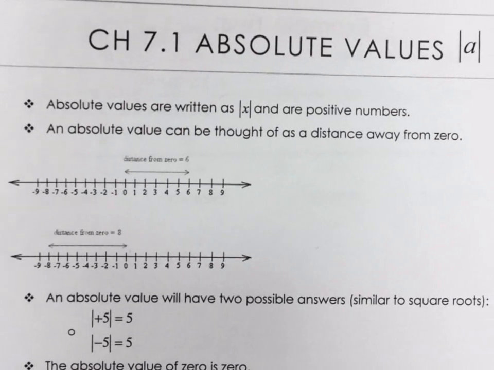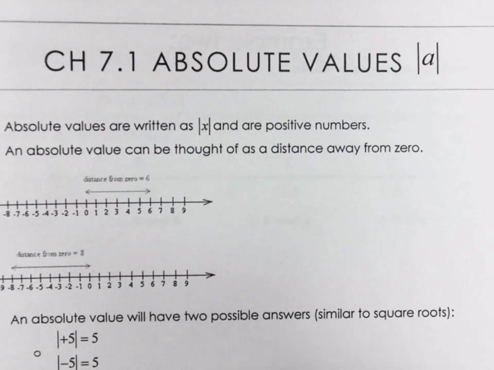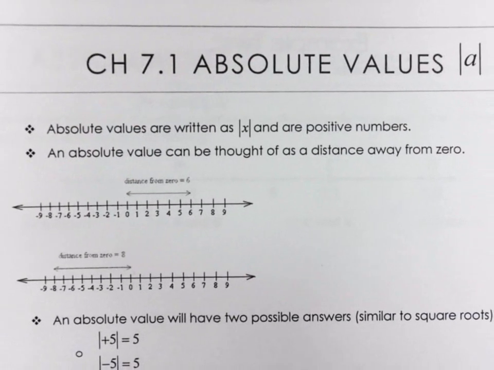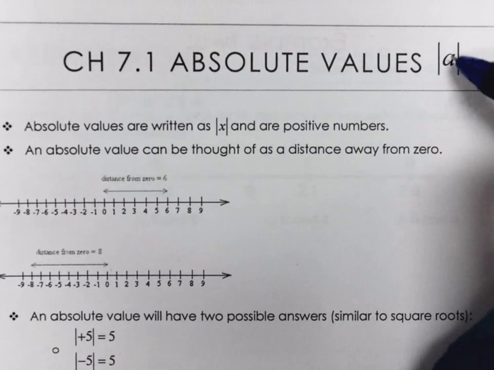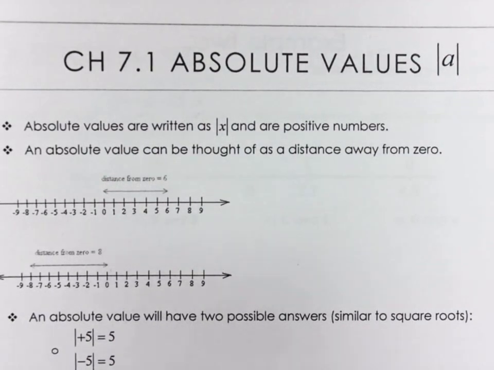Okay, so what you need to know is absolute values have a set of brackets that have bracket properties, but do different things. In absolute values, these straight lines are the absolute value brackets, okay?